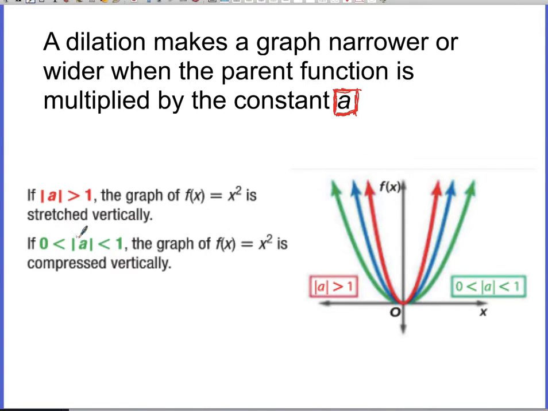But if A is in between 0 and 1, so if A is a decimal or a fraction, then the parent function is compressed vertically. It's like it's squished, kind of pushed down. So this green one is being spread out wider, okay? And we're going to see that at work on the next page.